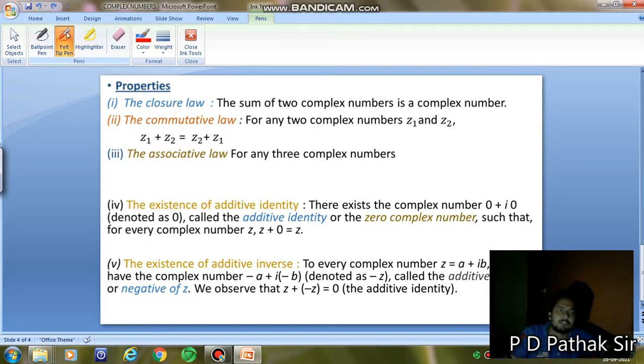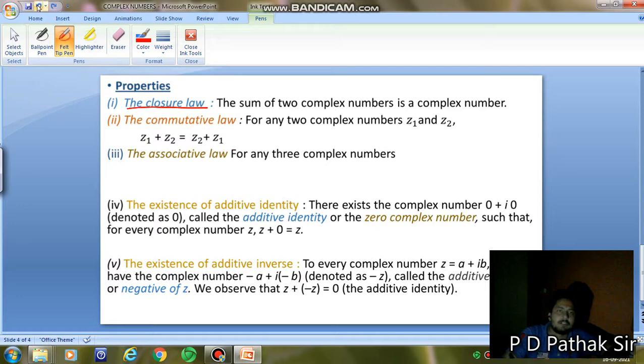What are the properties for addition? First is the closure law. Closure law means the sum of two complex numbers is a complex number. If z1 is a complex number and z2 is a complex number, then z1 plus z2 is also a complex number. This is the closure law.